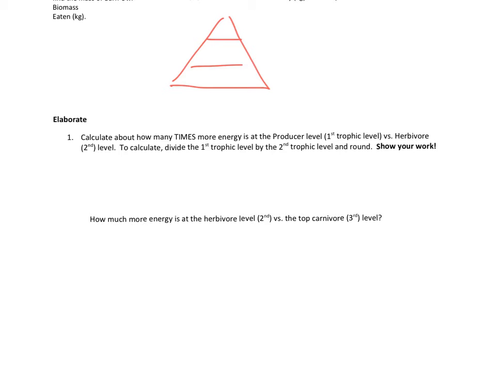And then down here, what we're asking about is how much more energy is the top consumer, our owls, versus the primary consumer, the rodents. So again, you would simply take those two biomass numbers and divide them.